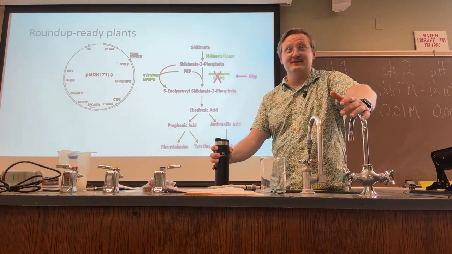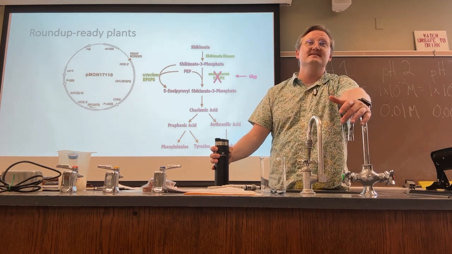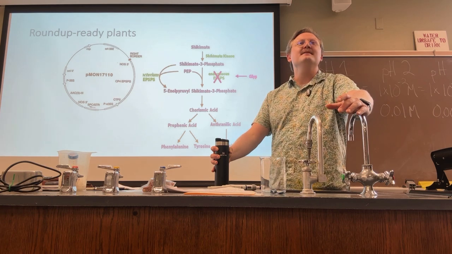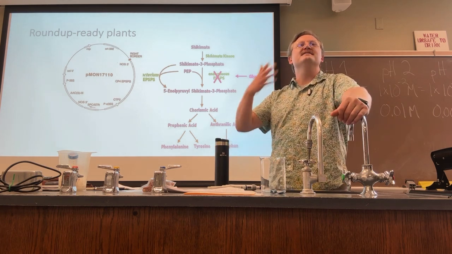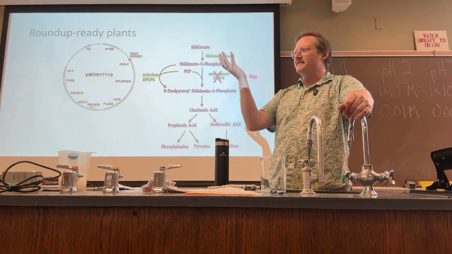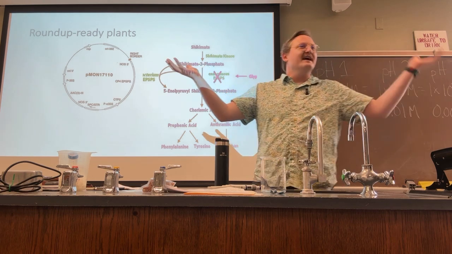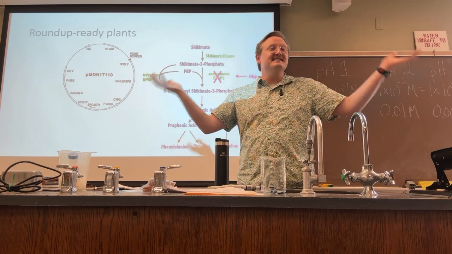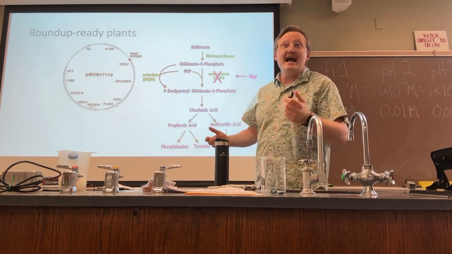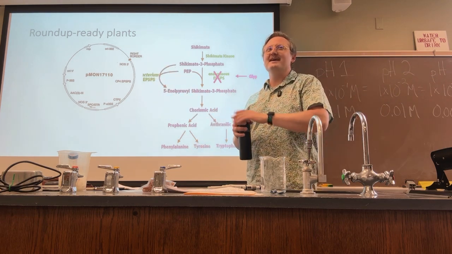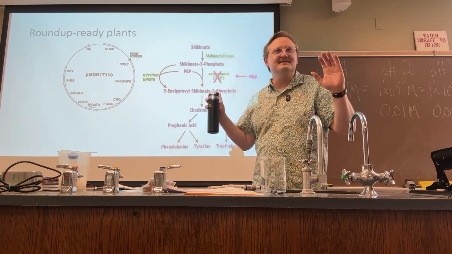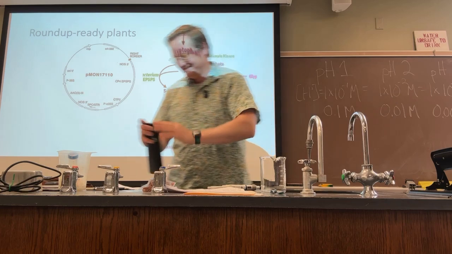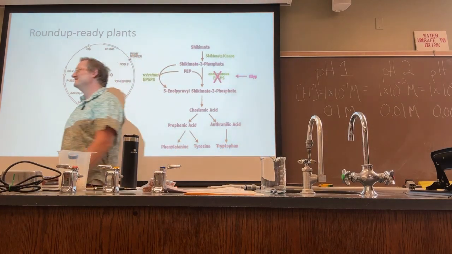The data to actually support that Roundup Ready crops hurt humans or animals is clouded by, on the one hand, sloppy and very vocal science, and on the other hand, very well-funded science. It's a serious issue, you know? And now it seems like it may have faded into the back of our minds. Anyway.